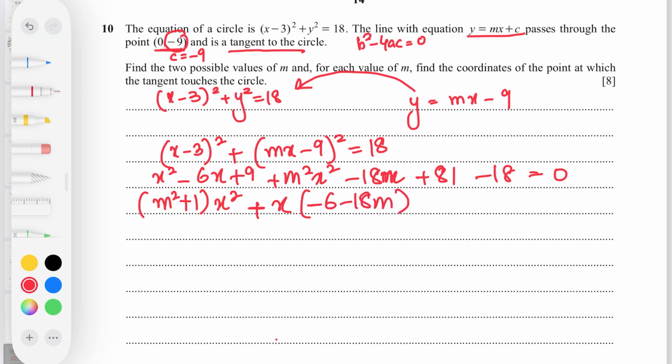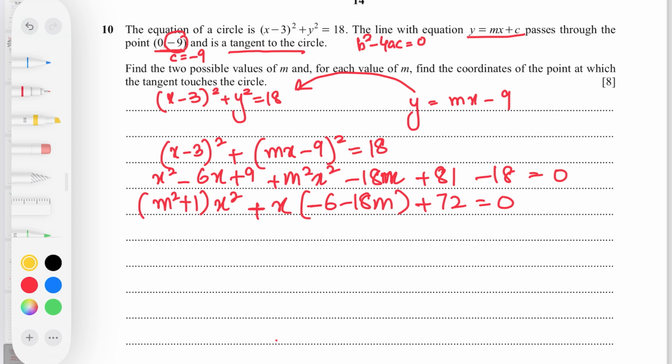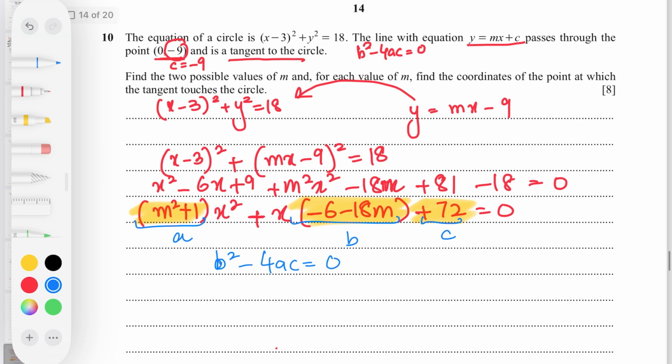Nine plus 81 minus 18 gives you a plus 72. Now what is A? A, B, C. We know B square minus 4AC is equal to 0.